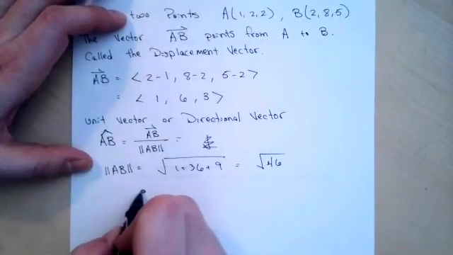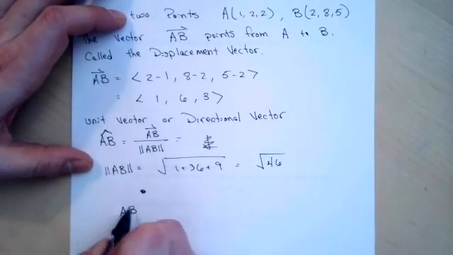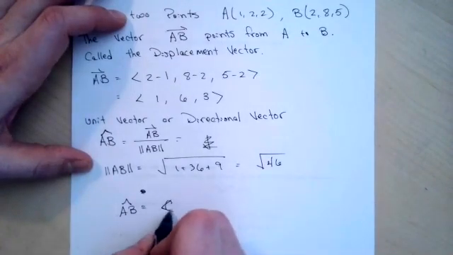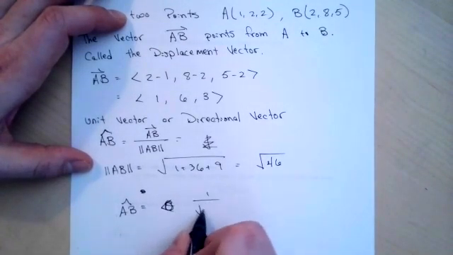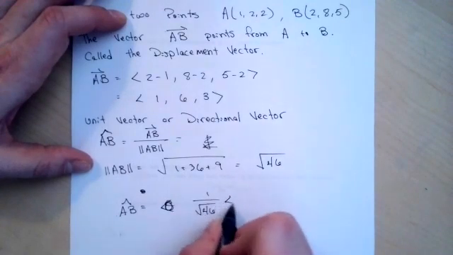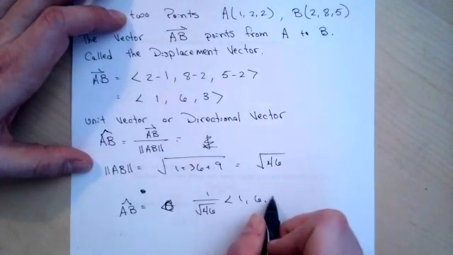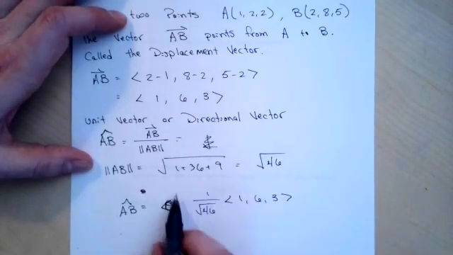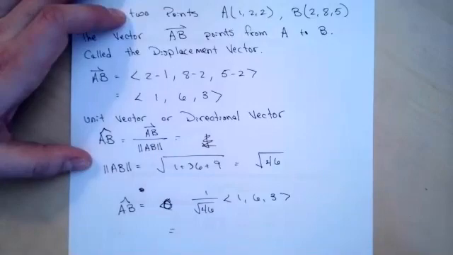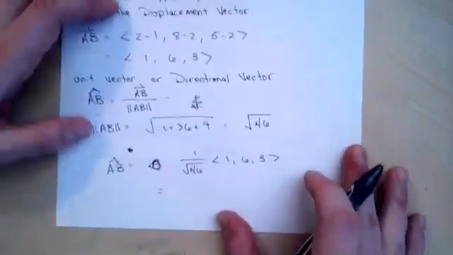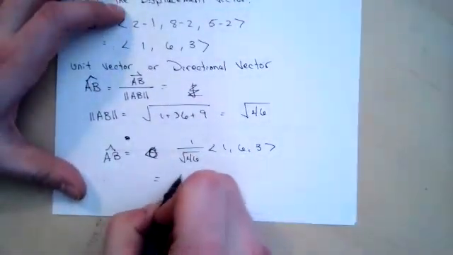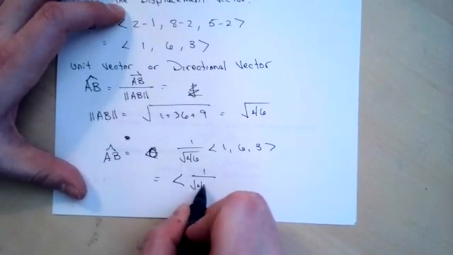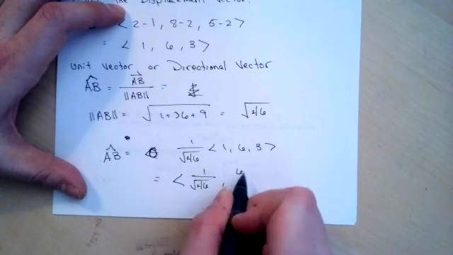So our AB hat is just going to be, let's write it first as 1 over square root of 46 times our vector 1, 6, 3. Oftentimes I do think it's better to leave the scalars outside of the vector, especially to simplify some of the arithmetic you have to do. But to find the proper components, you would just divide each component by root 46.